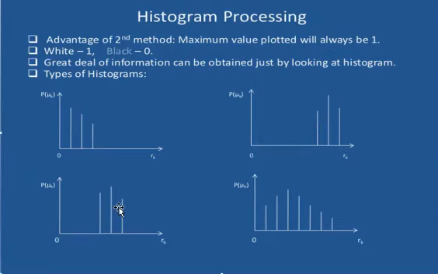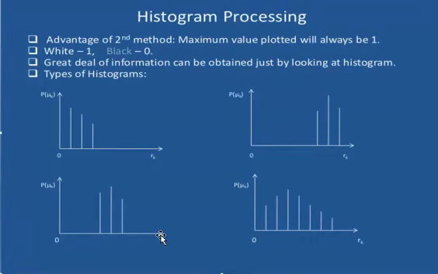Now coming to the third one. If you observe the histogram, the lines appear within a certain band. So they are not exactly at the zero, low intensity level, or at the higher intensity level.